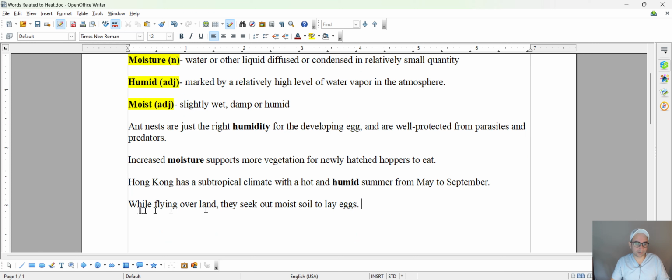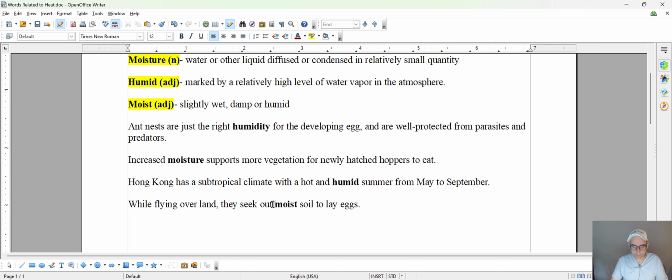Final sentence here. While flying over land, so obviously they're referring to probably some kind of creature, right? They seek out, they is referring to them, moist soil to lay eggs. Oh, okay, interesting. Whatever this thing is, it lays eggs. I'm just assuming it's a kind of insect. Maybe they're referring to hoppers, as we saw in that previous example.